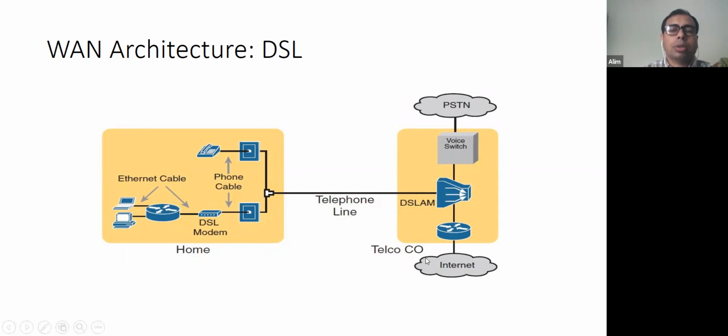They use a DSLAM system in the telephone operator's office, and they use a DSL modem at your office or home. Then the DSL modem provides an Ethernet connection to your router, and from the router you take your connection to your computer or laptop. It was a very old technique.